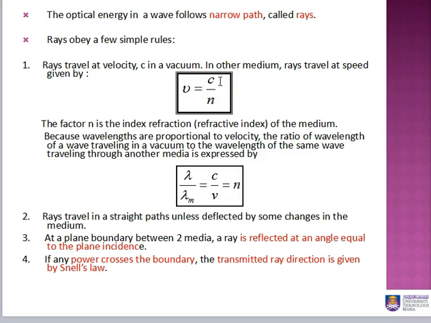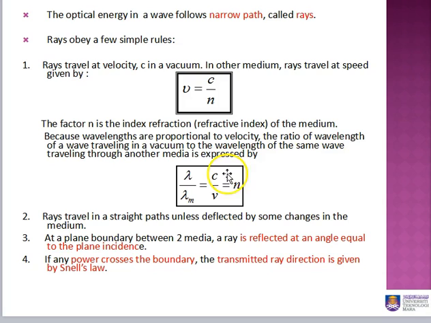C is actually the speed of light, divided by N. N is the refractive index of the medium. Because wavelengths are proportional to the velocity, the ratio of the wavelength of a wave traveling in a vacuum to the wavelength of the same wave traveling in another medium is expressed by this equation.